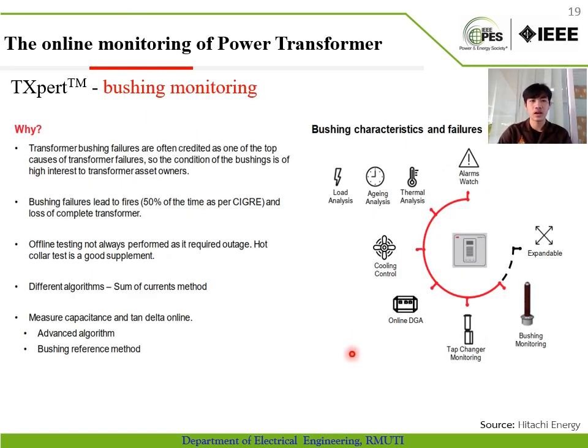Transformer bushing failures often occur in power transformers, so it is of high interest to transformer asset owners. And with offline testing, it is always performed during an outage, so the power transformer cannot be in continuous operation.